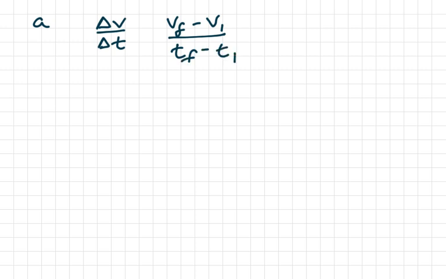Once again, if we want to know our instantaneous acceleration at any given point, we will have to take dv dt, the derivative, and plug in for our value of t that we're interested in and solve that way. All right, so that is our definition. We will most likely not be doing too many problems with changing acceleration, but we will touch on a few.